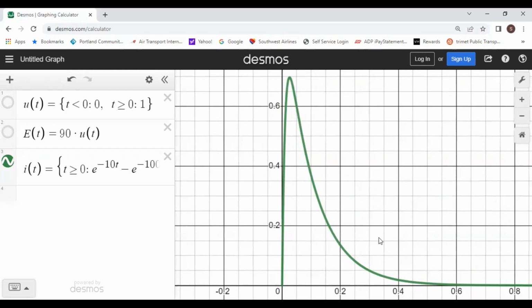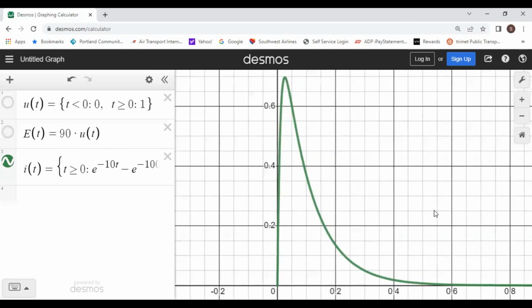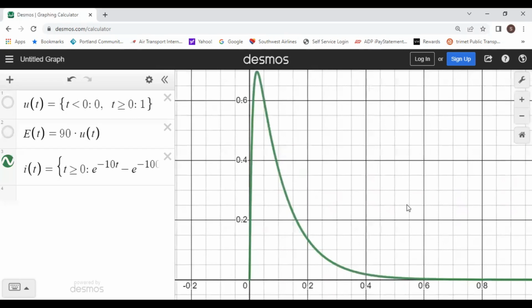Now that might be a little bit hard to understand exactly, but remember that we're talking about the current on this. It might make a little bit more sense if we were to look at a graph of the charge. But anyway, this is what happens, and then it levels off. And so basically this is the circuit essentially stabilizing after being hooked up to the battery.